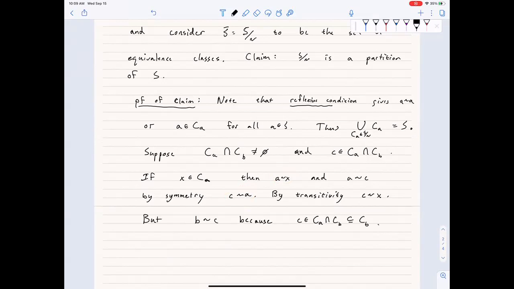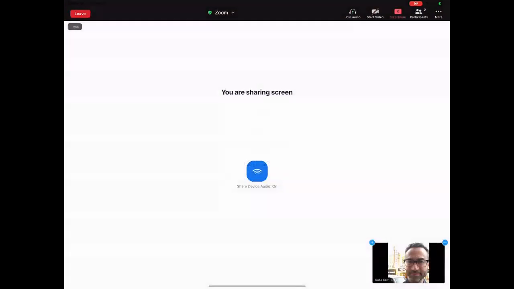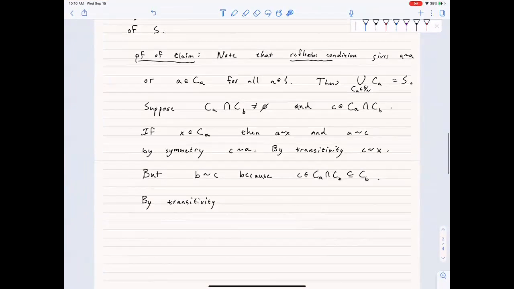So by transitivity again, B is equivalent to C, and now we have C is equivalent to X, so B is equivalent to X, implying X is in C_B.